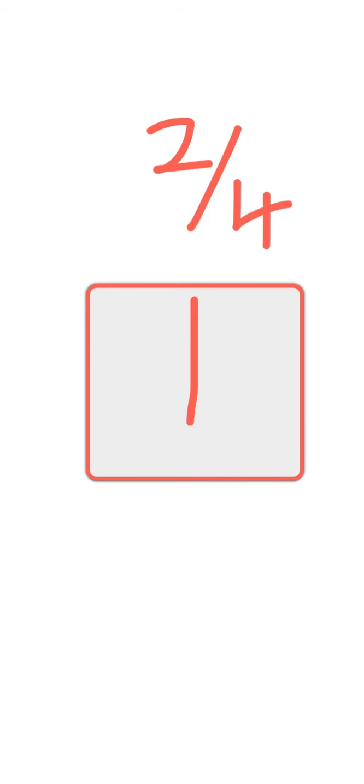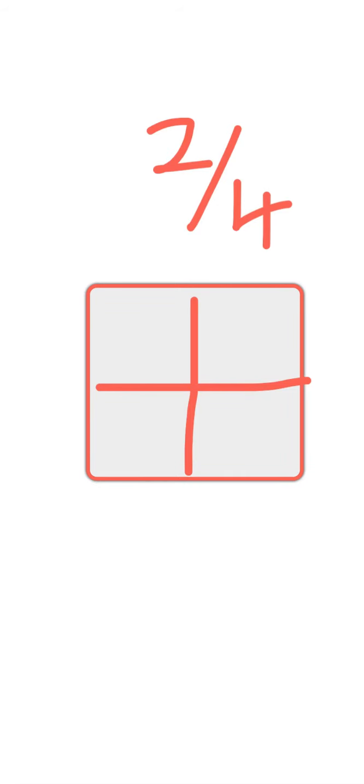If I want to split this square into 2/4, I need to split my whole into 4 equal parts. And 2/4 means 2 out of 4. Split my whole into 4 equal parts.